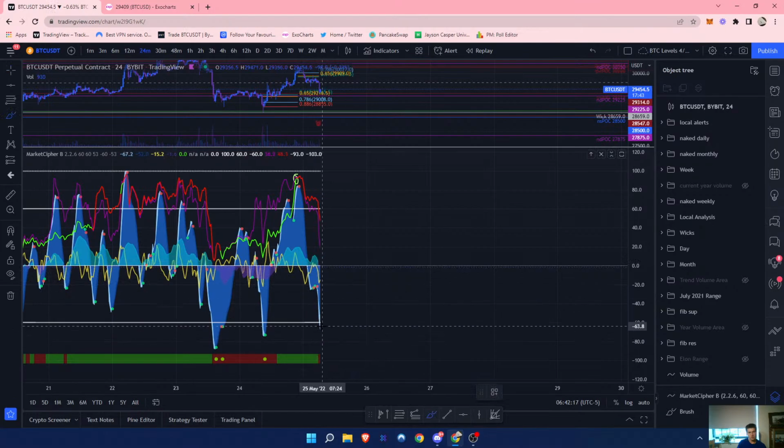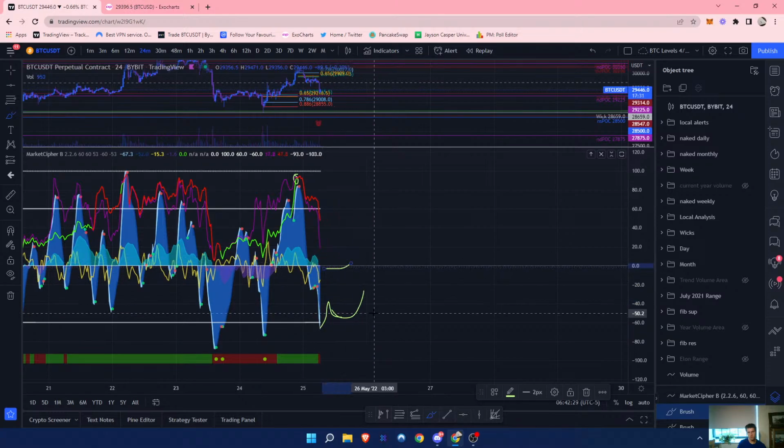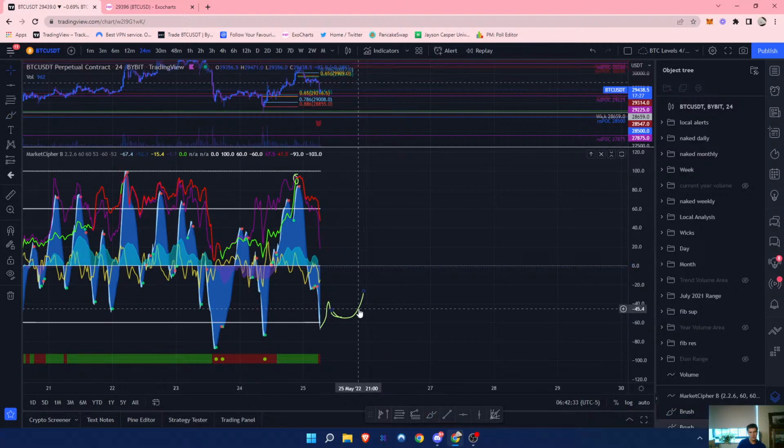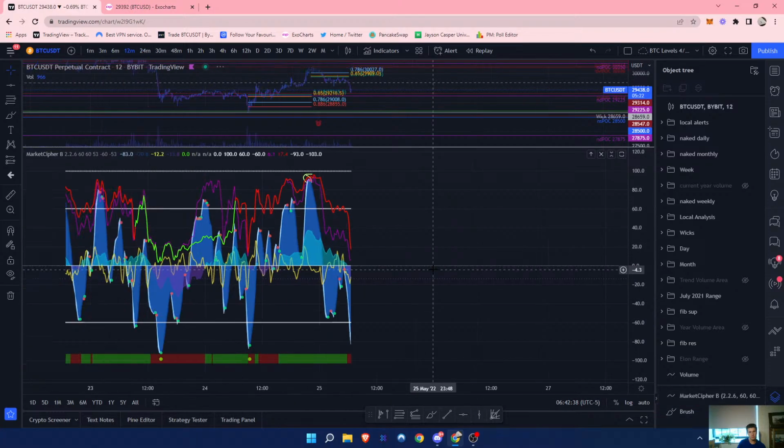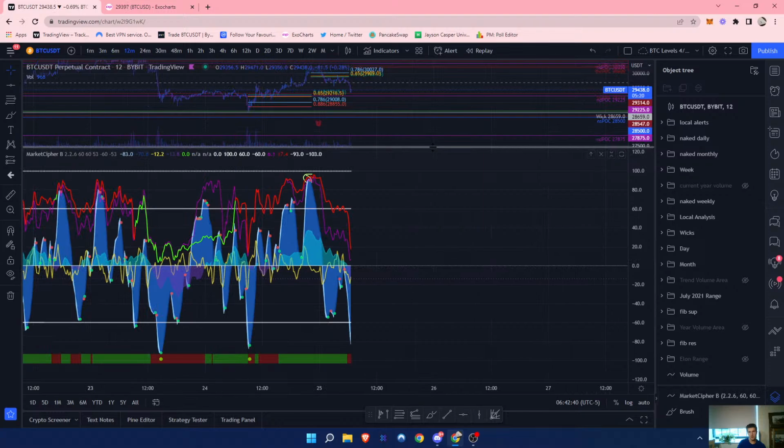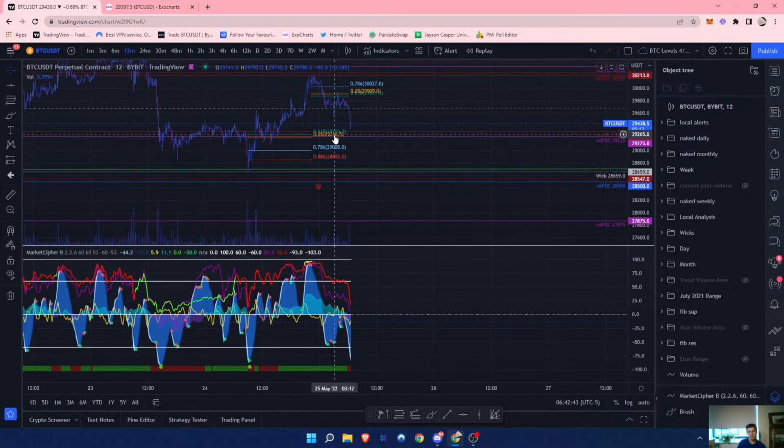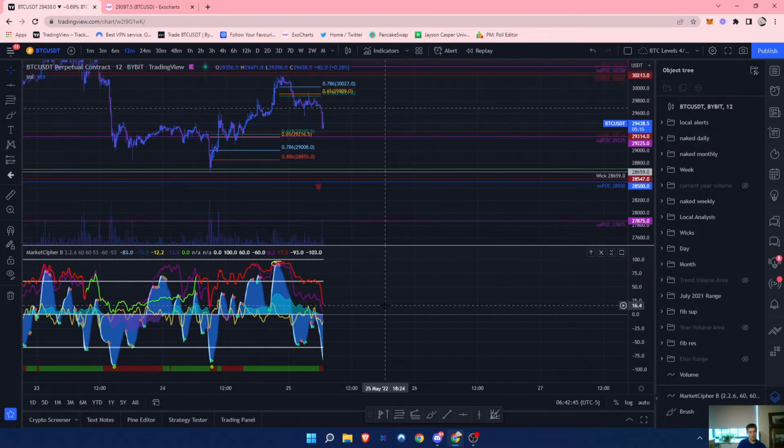So again, we'll look at this anchor wave, and then we'll possibly just kind of come back up and then just kind of reset. So it'll kind of look like that. And then money flow will kind of increase. Again, it'll be kind of hard to see the money flow increase. And so this could happen on the 24-minute or 12-minute. It really depends on how fast the move down is going to be if we really break through that. But either way, it'll be a pretty good long to take.